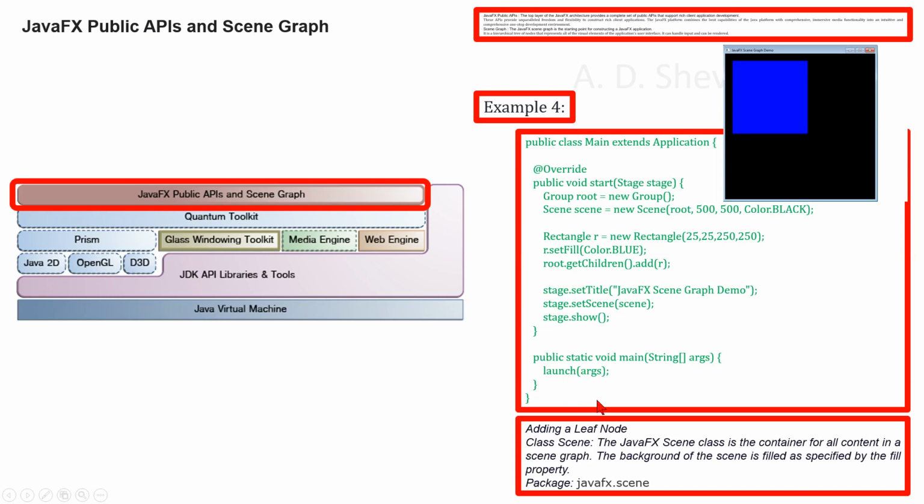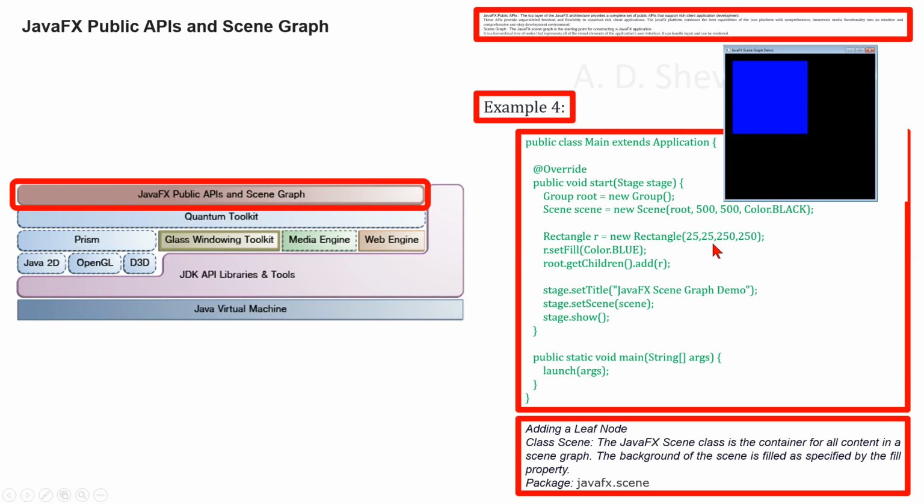The blue rectangle leaf node that is 250 multiplied by 250 pixels will appear at the specified x and y coordinates.